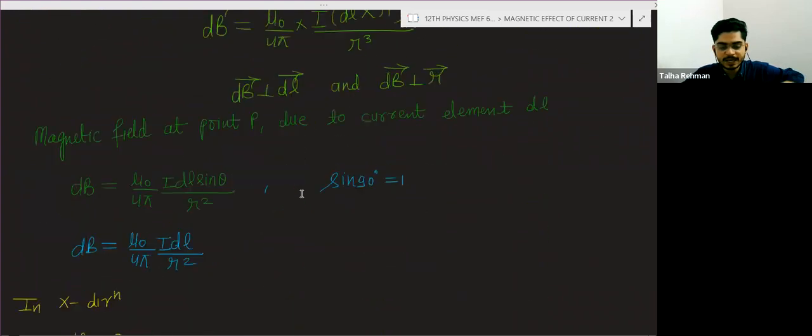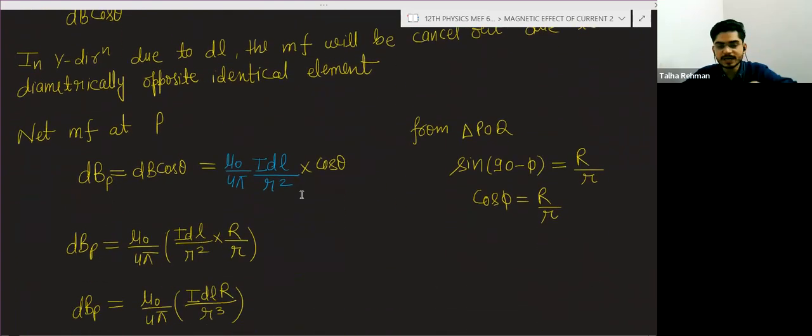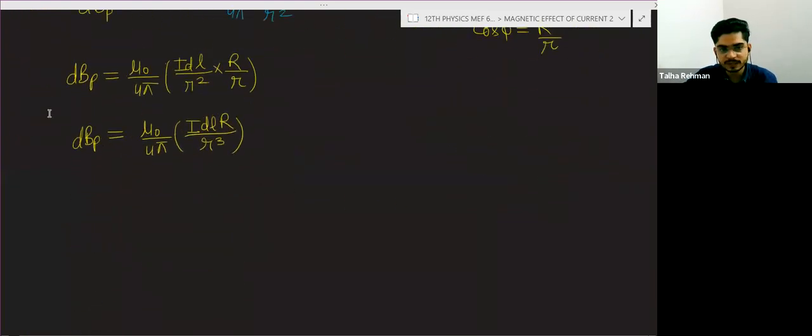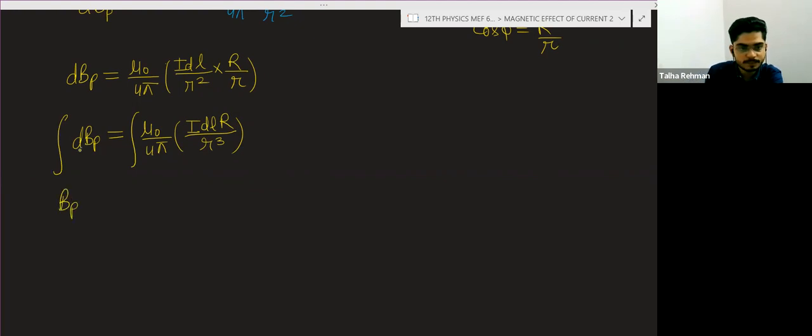So for finding the total magnetic field, what you will do? You will integrate this equation. Earlier also we have done the integration. So just integrate this on both sides. When you integrate, you will get the total magnetic field at point P, and you can take the constant terms common from the integration.